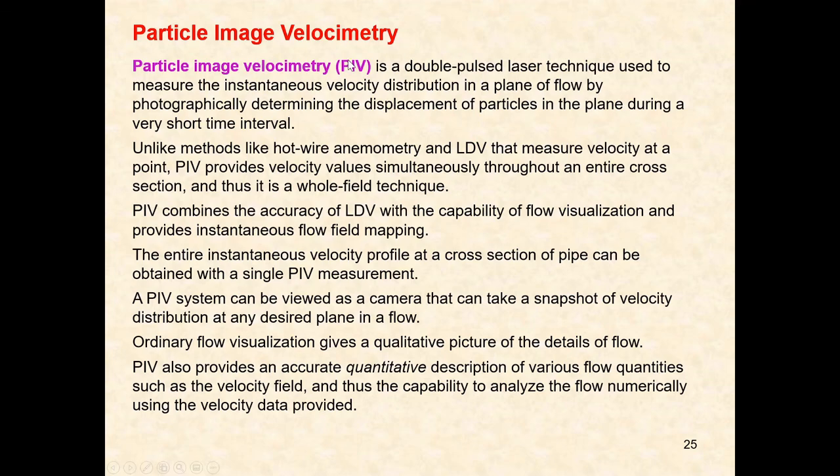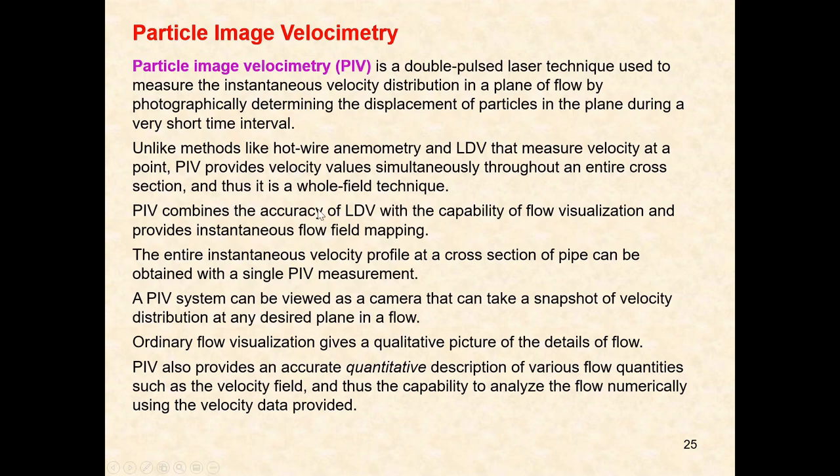So this is particle image velocimetry. It is not the same as hot wire anemometry or LDV that measure velocity at a point. This PIV provides velocity values simultaneously throughout the entire cross section, and thus it is a whole field technique.